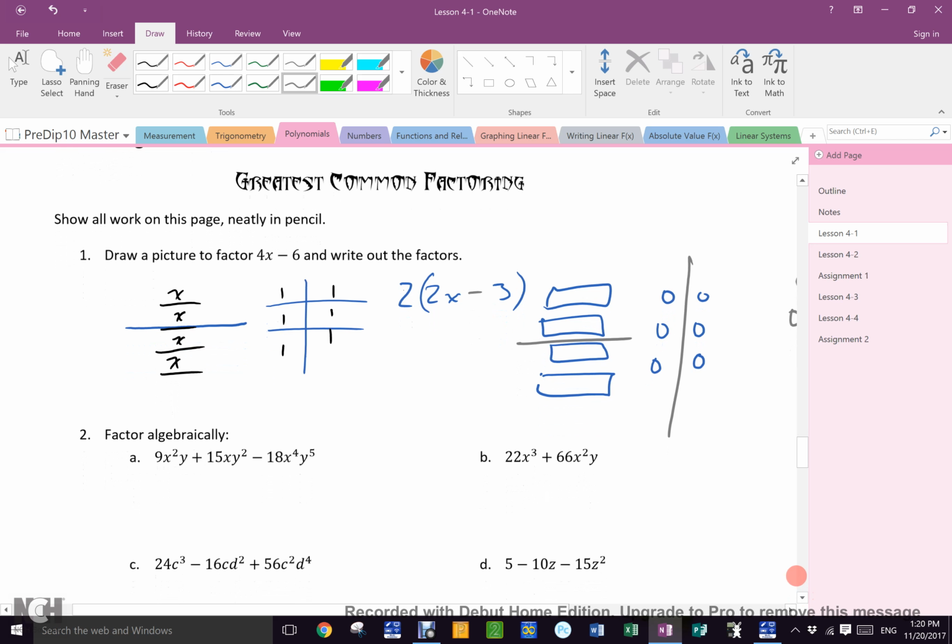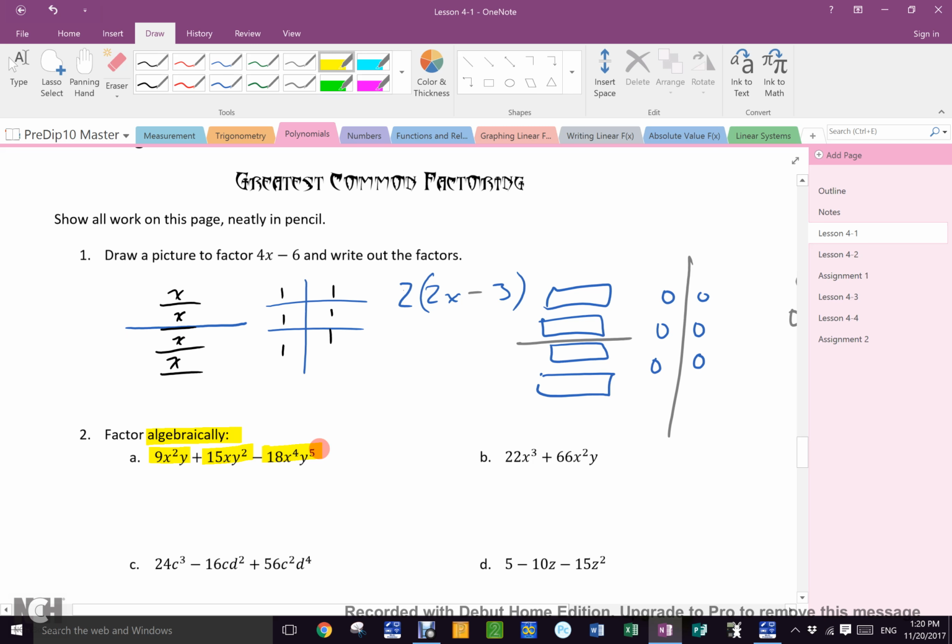Yeah, we're good. So, for the rest of these, obviously, I have had enough of drawing, and I have said do this algebraically. Now, to do this algebraically, you have to remember that a polynomial is made up of variables and constants. But those variables and constants live together in each term.